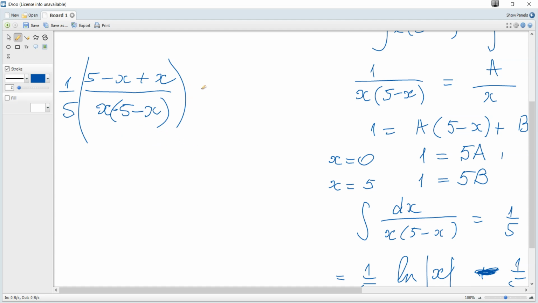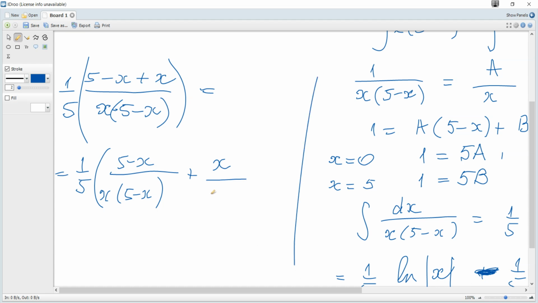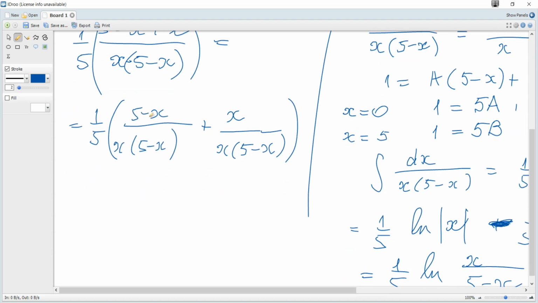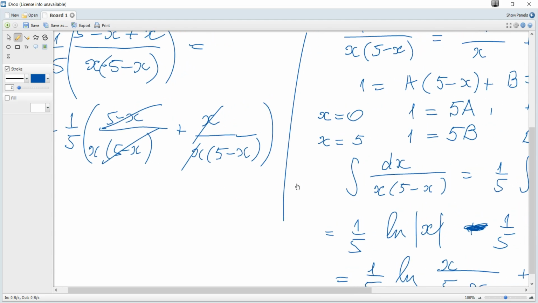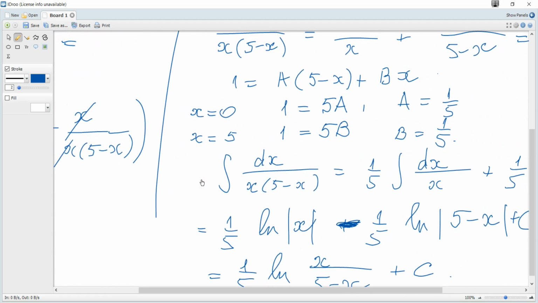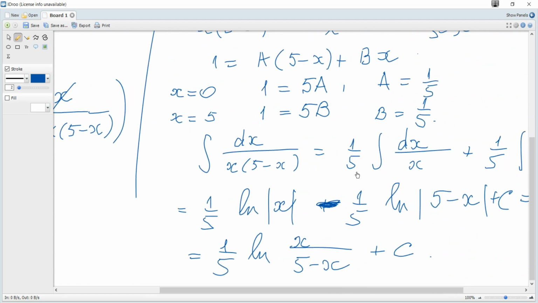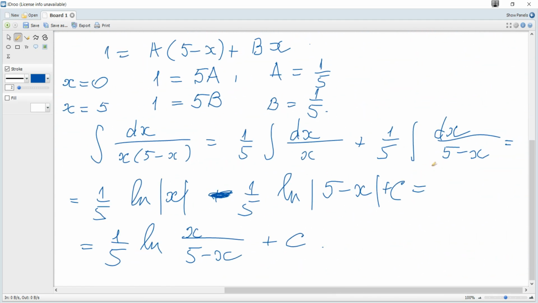And now let's split it into two fractions. What fractions? 5 minus x over x times 5 minus x, plus x over x times 5 minus x. And you can see this cancels, and this also cancels, and we get absolutely the same: 1 over 5, 1 over x plus 1 over 5 minus x.